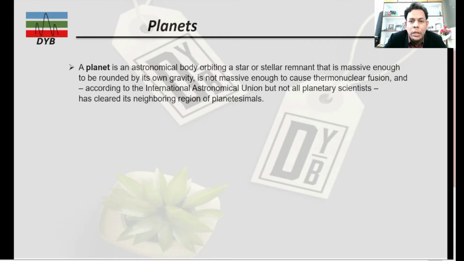According to the International Astronomical Union, the IAU, though not all planetary scientists agree, it has cleared its neighboring region of the planet's mass. So the IAU has given some definition of the planet.